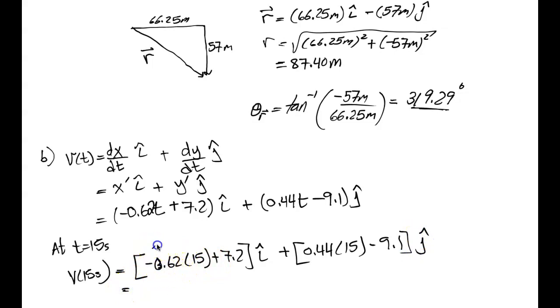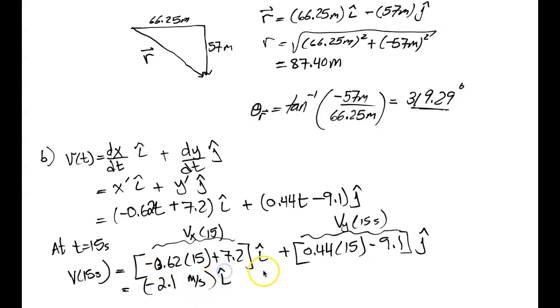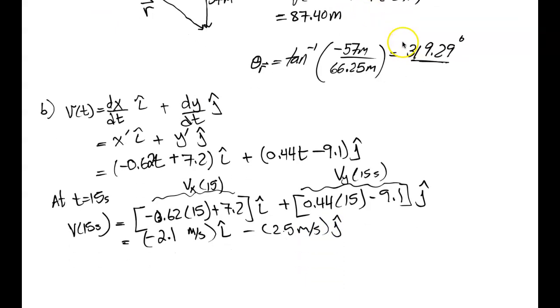In other words, you can think of this part as v sub x at 15 seconds, and this part as v sub y at 15 seconds. Do this, and you get negative 2.1 meters per second in the i hat direction minus 2.5 meters per second in the j hat direction.